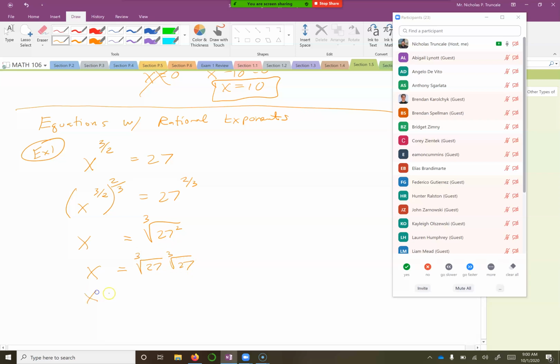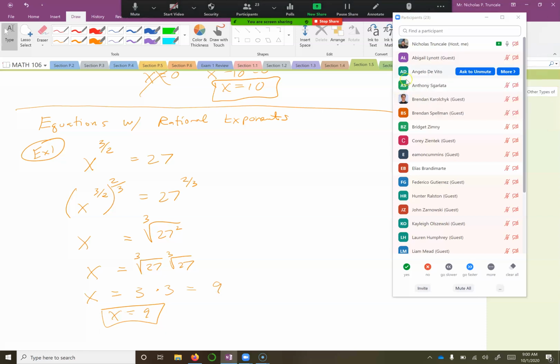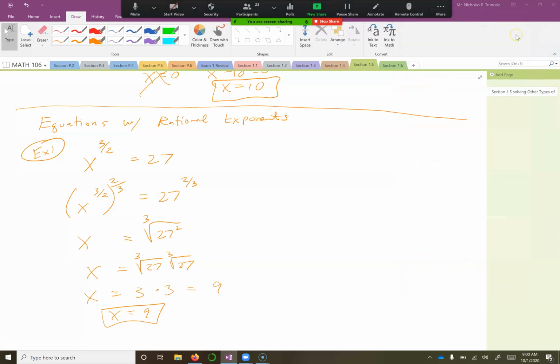And do we know the cube root of 27? What value is that? 3. Yeah, 3. So it'll be 3 times 3, or 9. So x equals 9 is the solution to that equation. Good. That wasn't too bad.